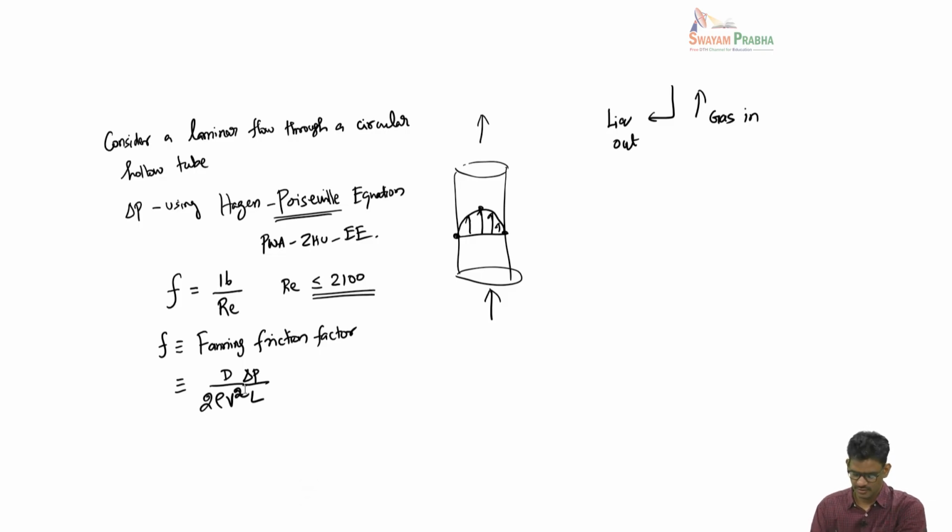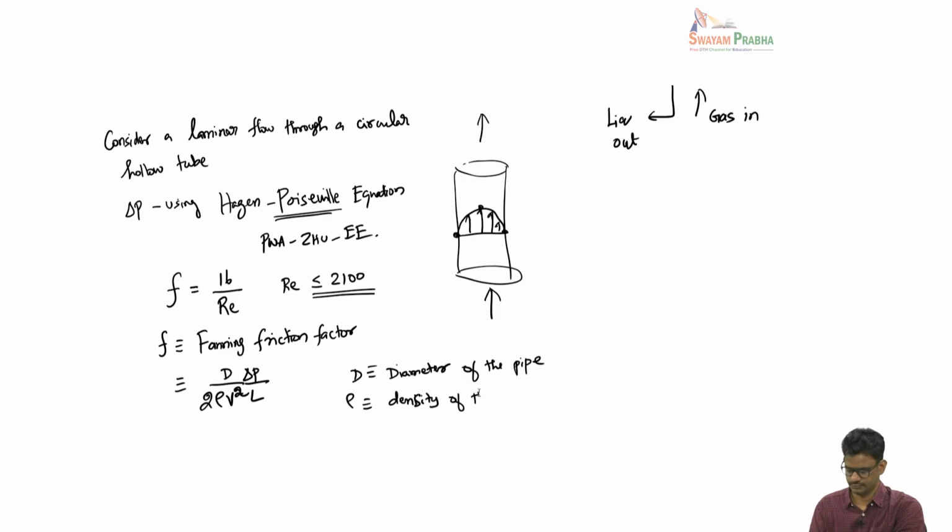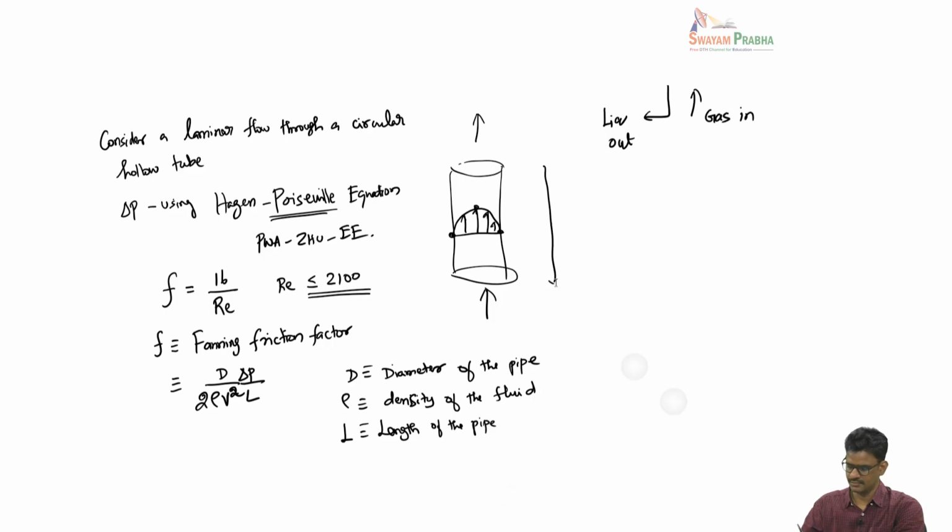Where D is the diameter of the tube or diameter of the pipe, rho is the density of the fluid, L is the length of the tube, so this is L and this is D.